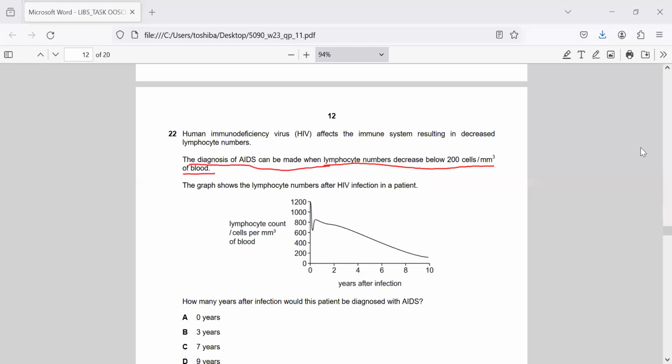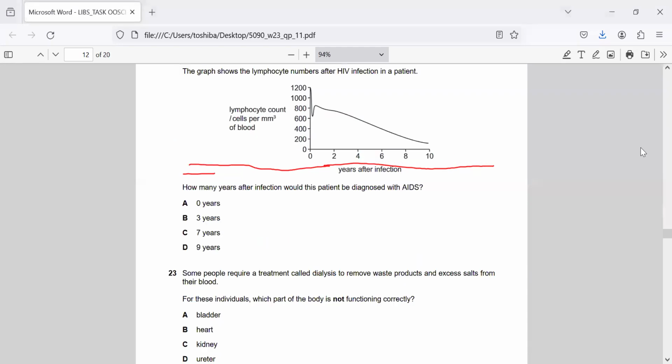Okay, according to this, we'll have a look at the graph. So 200 is almost here. Let's go down here. So it decreases down with 200 towards the bottom.